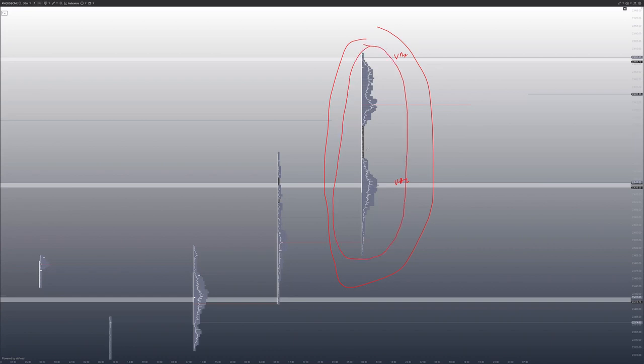This profile tells me we have here a double distribution. And a double distribution is a nice profile. Every time you have a double distribution or a normal balance profile, you know what you can do and how you can trade.